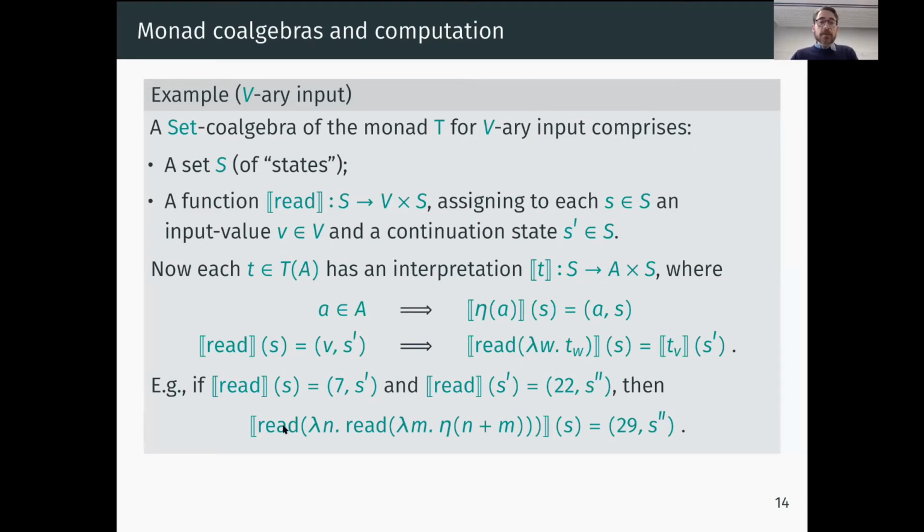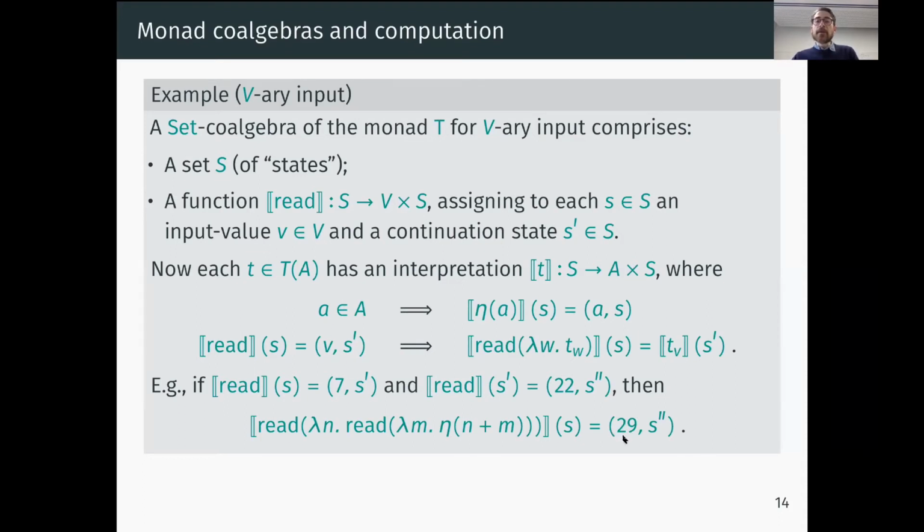And so what's the effect of running this program starting from state S? First of all, I request an input value, which is 7, and I call that N. Now I'm in state S prime after having got that 7, so I request another input value, and I know that has to be 22, so I call that M. Then I'm going to return N plus M, which is 29.